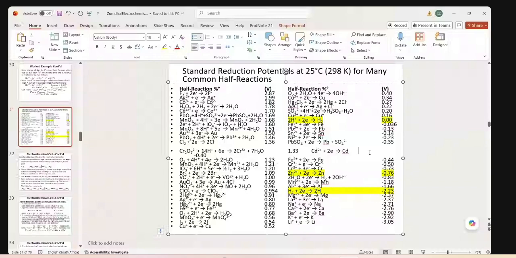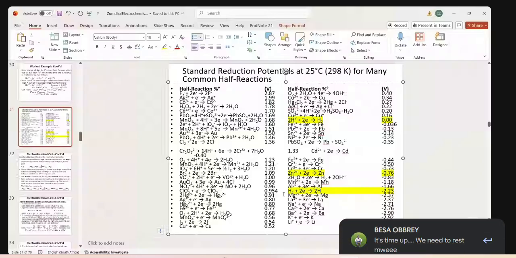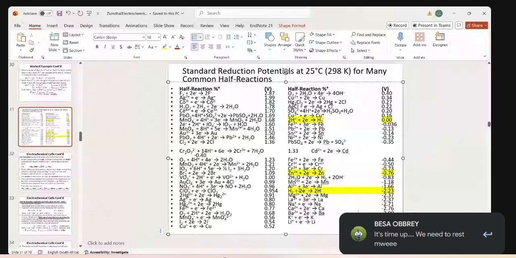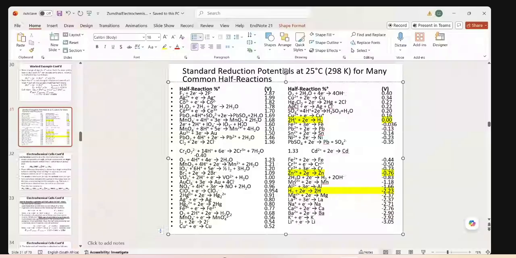Have you seen what's happening here? You have a neutral hydrogen metal that has gained 2 electrons to form hydride, right?